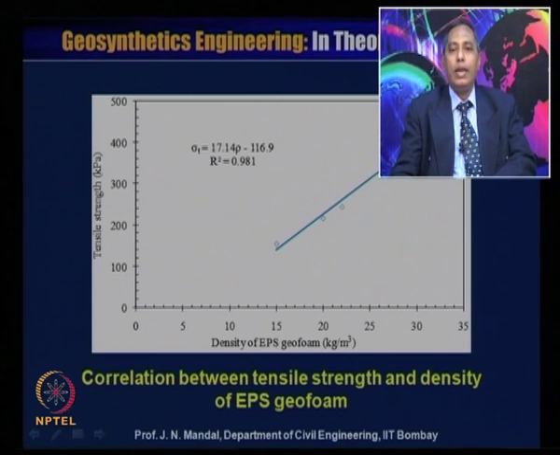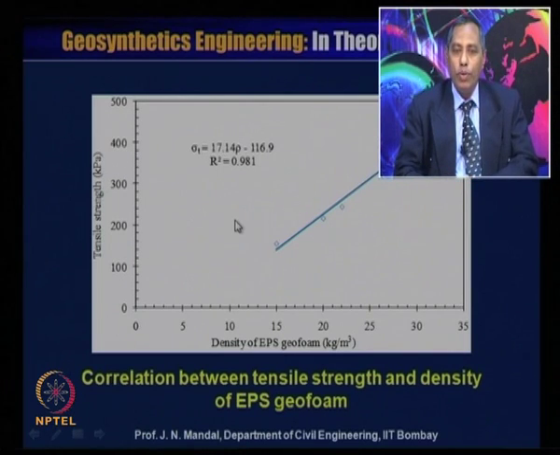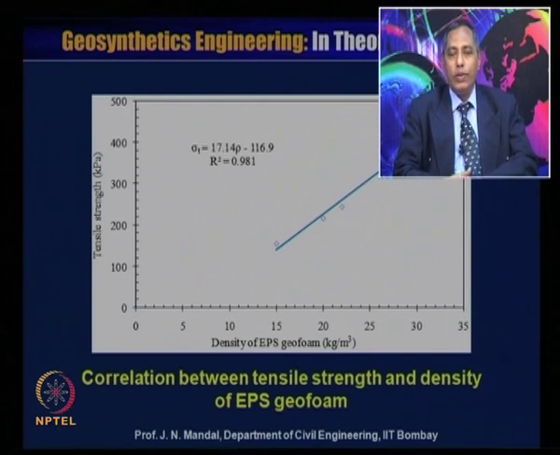Then you can have a linear line like this and establish an equation, which is sigma t equal to 17.14 rho minus 116.9, with R square of 0.981. From this equation you can directly determine the tensile strength of the geofoam if you know the density. If rho is known, you can calculate the tensile strength of the geofoam from this equation.